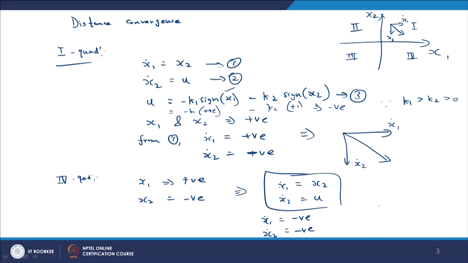So, we have both coming out to be, that is x1 dot direction is this one and x2 dot direction is down. So, the resultant is this one, that is the direction of the state variable is this one. So, I put here this is x1 dot and this is x2 dot. So, the resultant is this one.